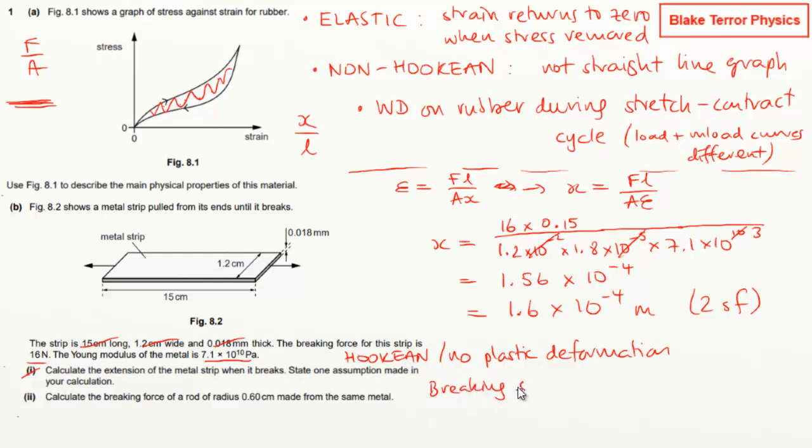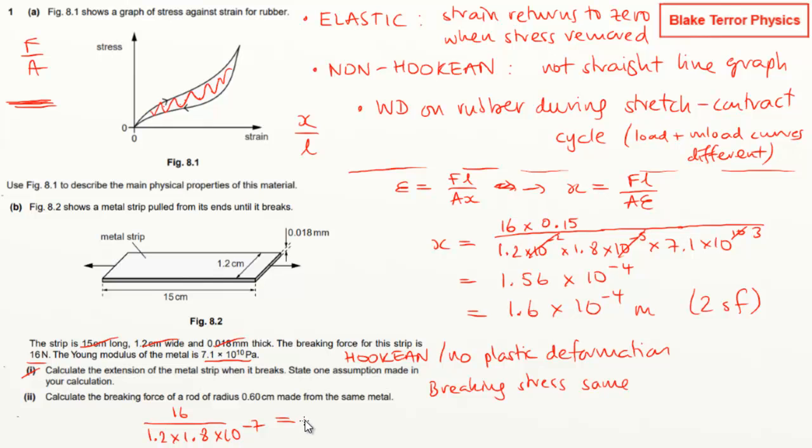Breaking stress is the same. So our force over area is going to be the same for both of them. So we've got 16 divided by these units, the 1.2 times 1.8 times 10 to the minus 7.